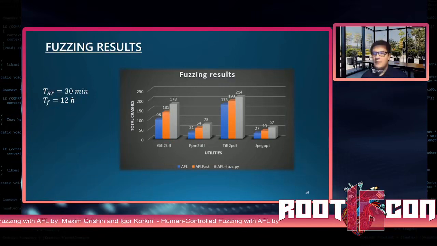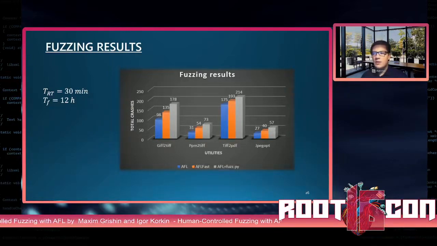AFL and AFLFast were chosen as such fuzzers. The fuzzing time is 12 hours. This is not enough to have quality program fuzzing, but it is quite enough to test the module as the utilities have already been tested by the developers.